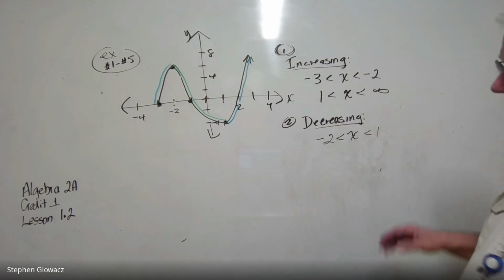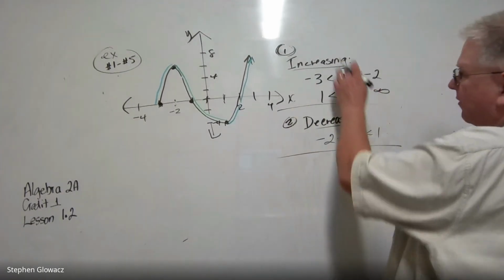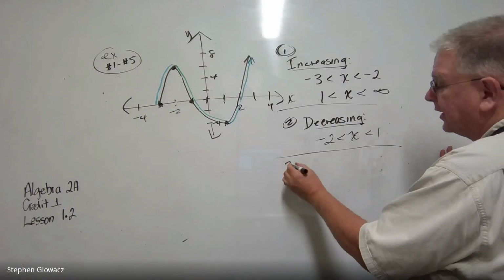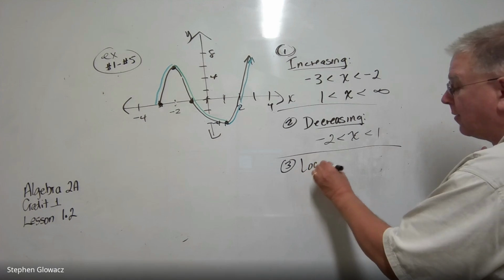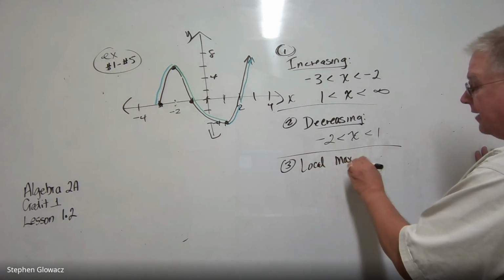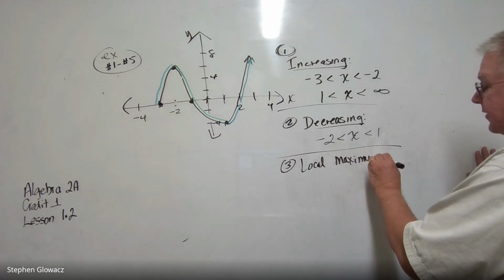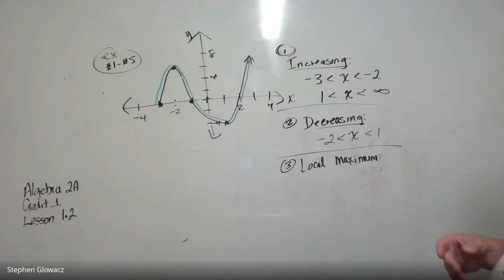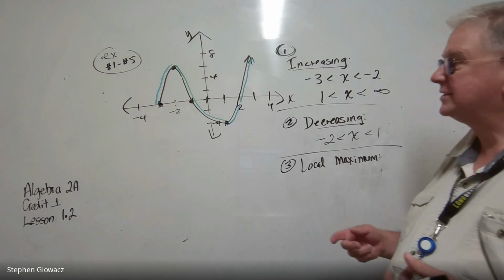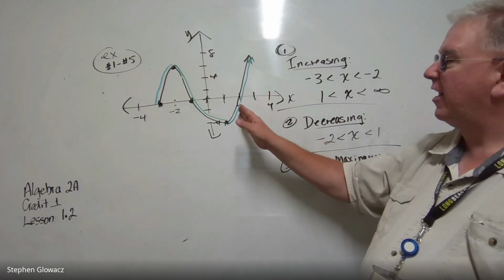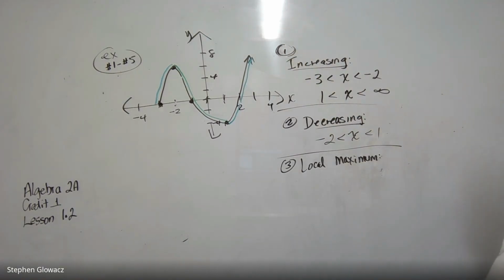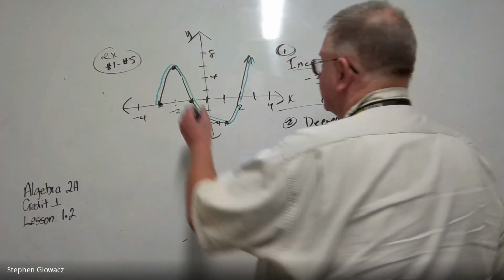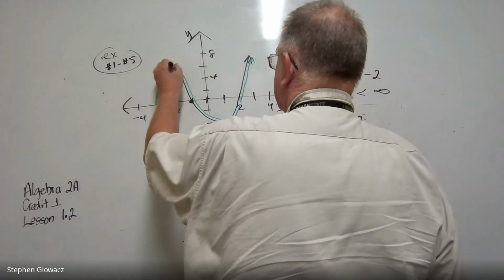All right, so now for number 3. We've talked about where the graph is increasing, where it's decreasing, and now let's talk about what we call a local maximum. You might look at the graph and say, well, maximum, the graph goes up forever. That's true. If we had just said maximum, the maximum value of this graph is infinity because it goes up forever. But when we're talking about the local maximum, we're talking about the top of the hill here.